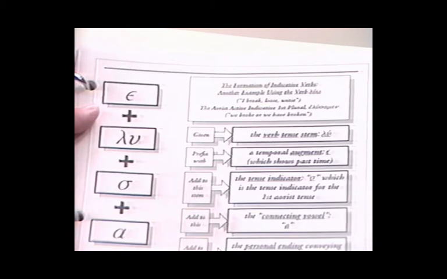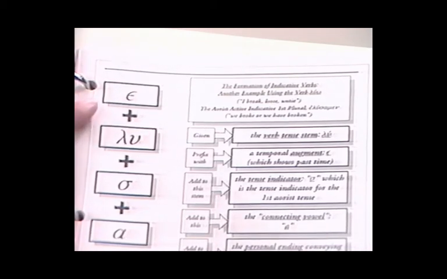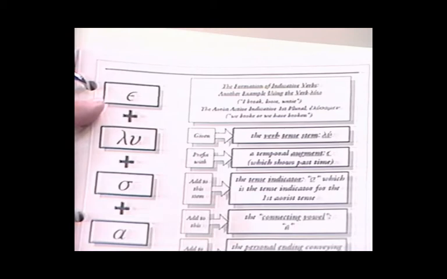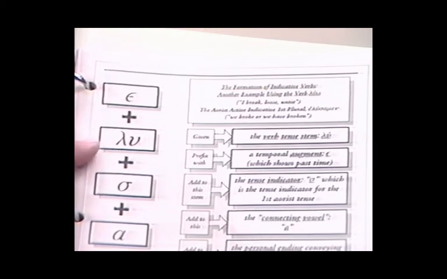Well, in Greek, to show past time, we're going to put an epsilon in front of the verb. So here is epsilon telling us that it is past time. We can call this epsilon a temporal augment, or simply an augment showing past time. We add that to the front of our verb stem.